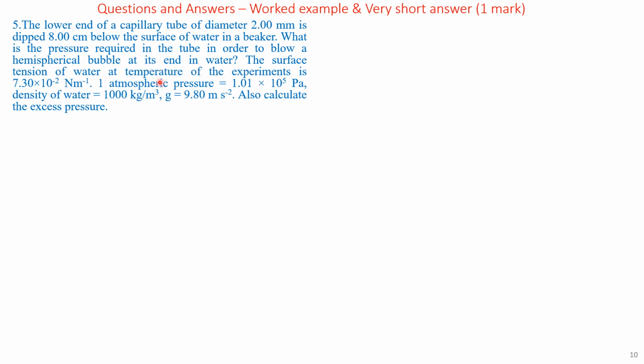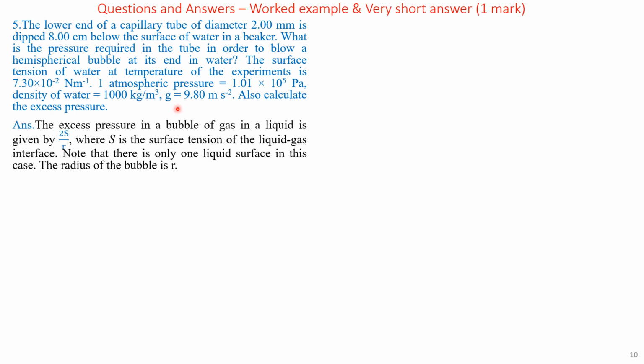The surface tension of water at the temperature of the experiment is 7.30 into 10 to the power of minus 2 newtons per meter. 1 atmospheric pressure is equal to 1.01 into 10 to the power of 5 pascals. Density of water is 1000 kg per meter cube, and acceleration due to gravity g is equal to 9.8 meters per second square. Also calculate the excess pressure.